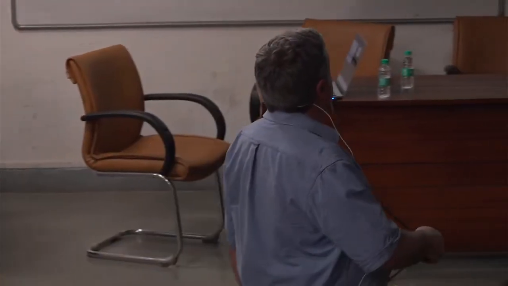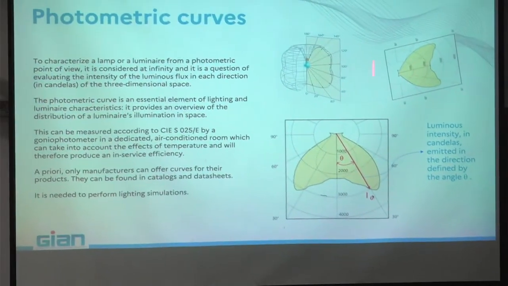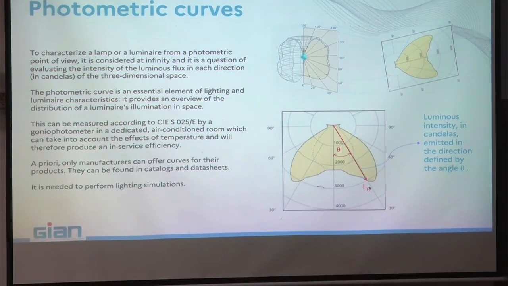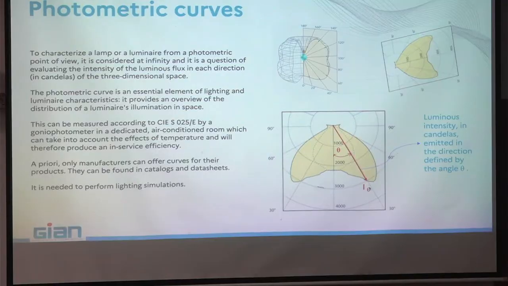And then if you take a cut of this photometric solid, you obtain what we call the photometric curve. And this photometric curve is not just a picture, but you can use it in principle to obtain from the curve the luminous intensity going to a given direction. If you take this cut, there it is, I put it here.